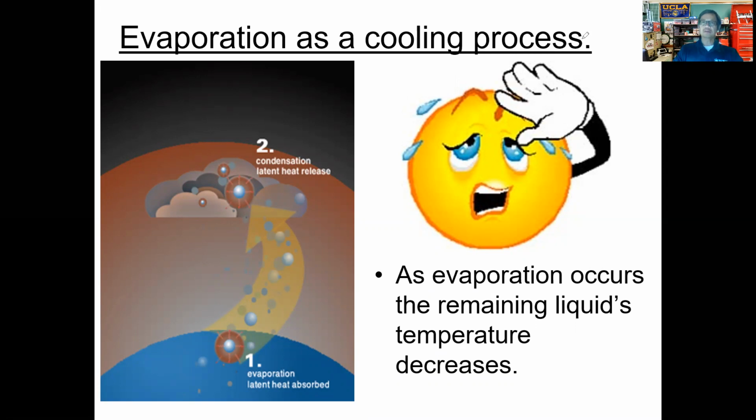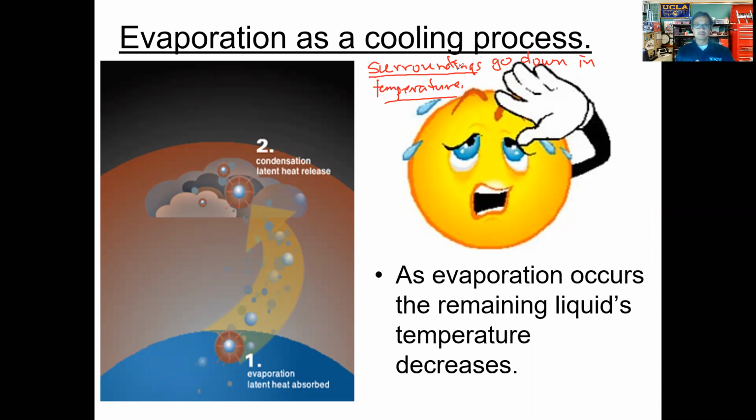Okay, evaporation is a cooling process, and let me specify here: it's a cooling process in which the surroundings go down in temperature. So as the water absorbs heat, it causes the surroundings to cool down. Okay, all right, very good.